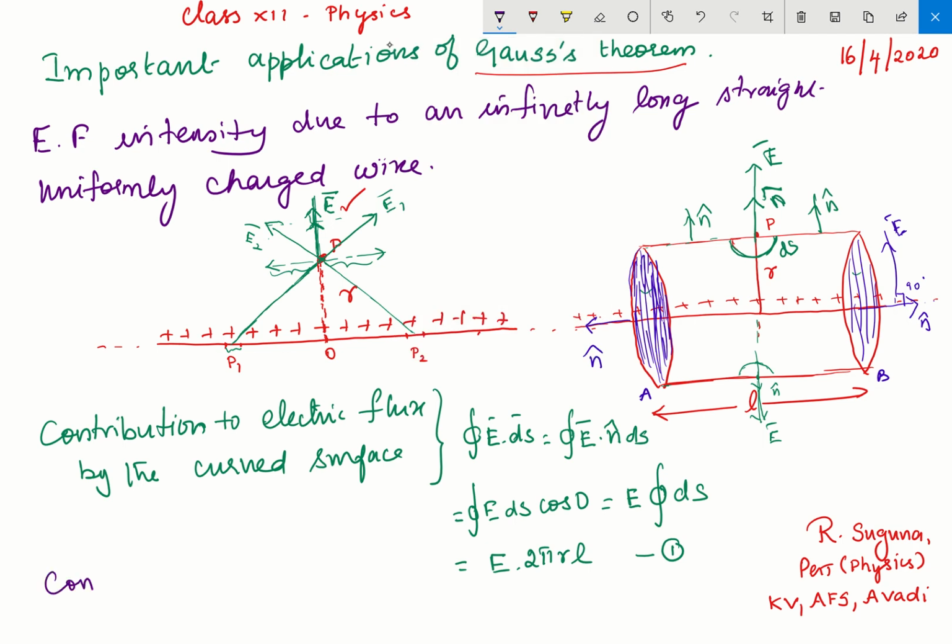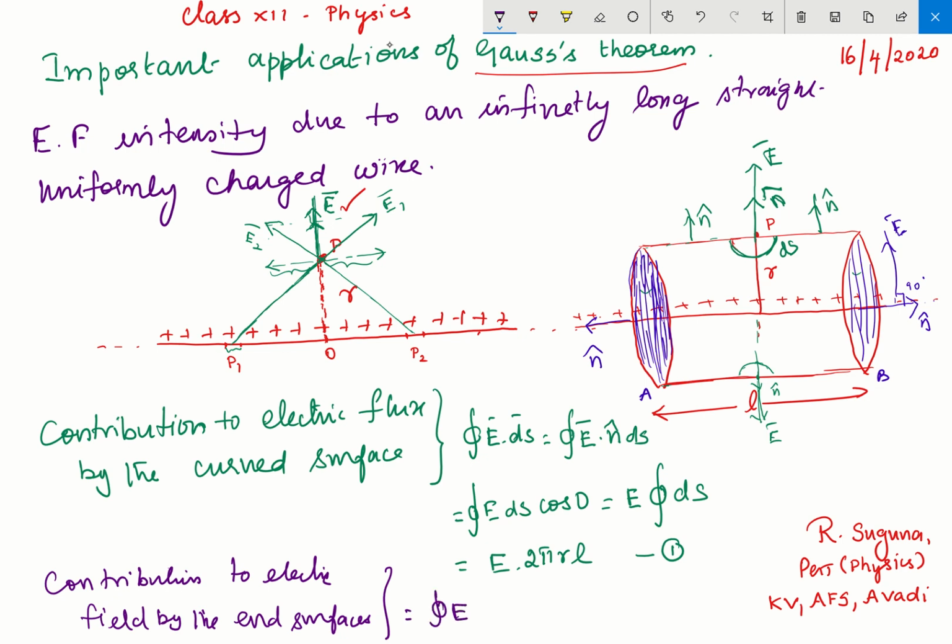Therefore, the contribution to the electric flux by the end surfaces is the integral of E dS cos 90, which is equal to 0. Therefore, the contribution to electric flux is only by the curved surface. There is no contribution by the end surfaces, right?